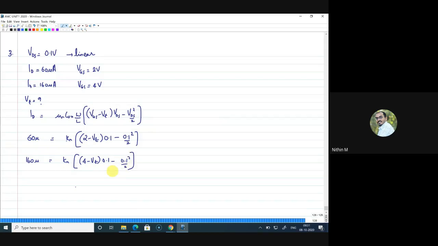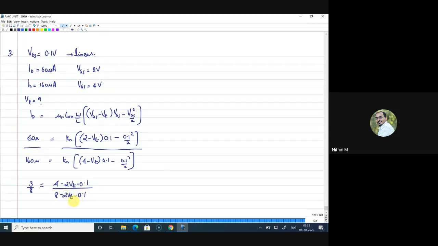What you have to do is take the ratio of these two. You can cancel Kn and the only unknown is VT, and I hope you will get the value of VT. If you solve this further, you will get something like 3 by 8 is equal to 2 minus VT minus 0.1 divided by 4 minus VT minus 0.1.